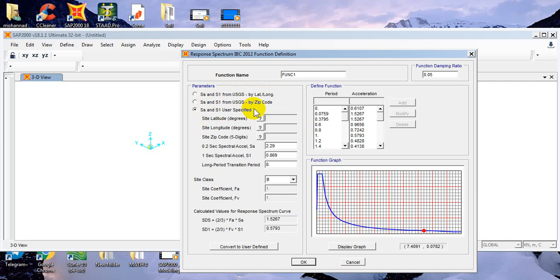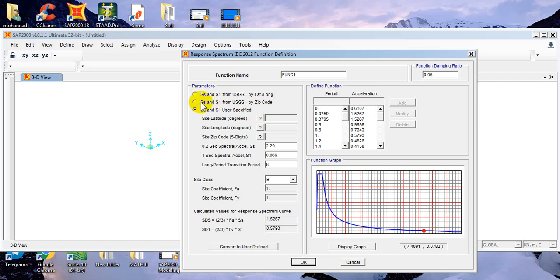So firstly, I should specify the location I am in. In any country in the world, I can use longitude and latitude. So the first option is easy for us.